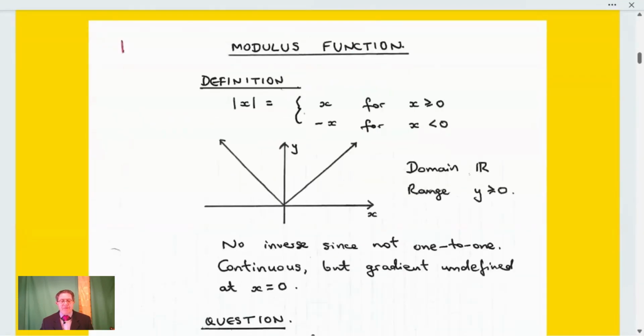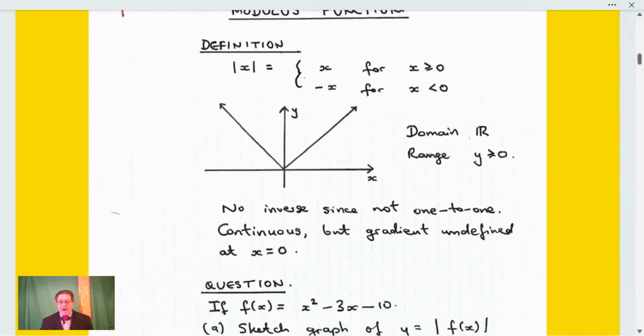So let's dive straight into the modulus function. The definition of the modulus function is mod of x equals x for x being naught or positive, and minus x for x being less than 0, which gives rise to the characteristic V-shaped graph. The domain is the real numbers, and the range of the function is that y is 0 or greater.